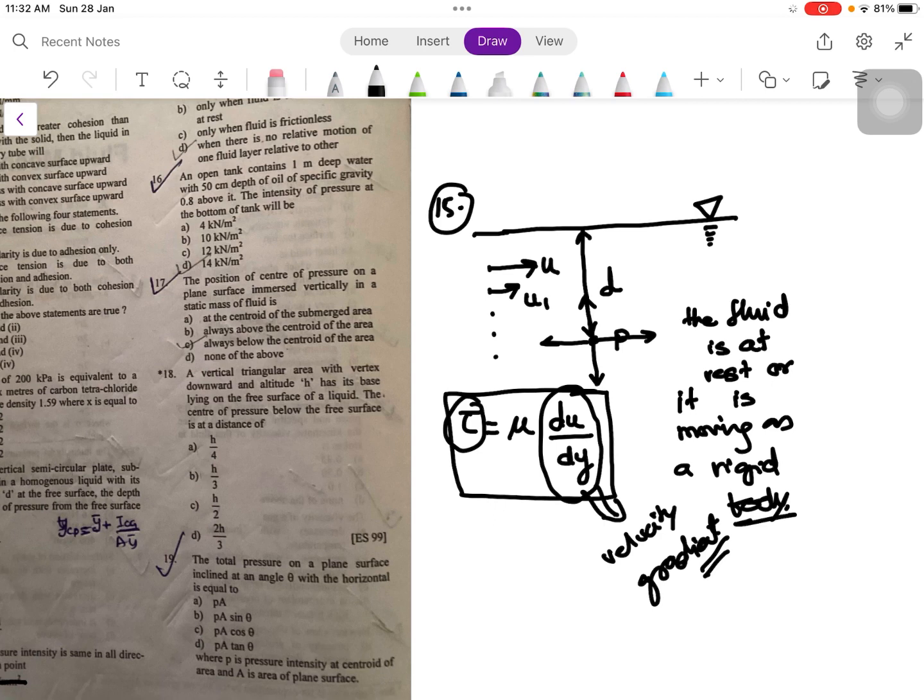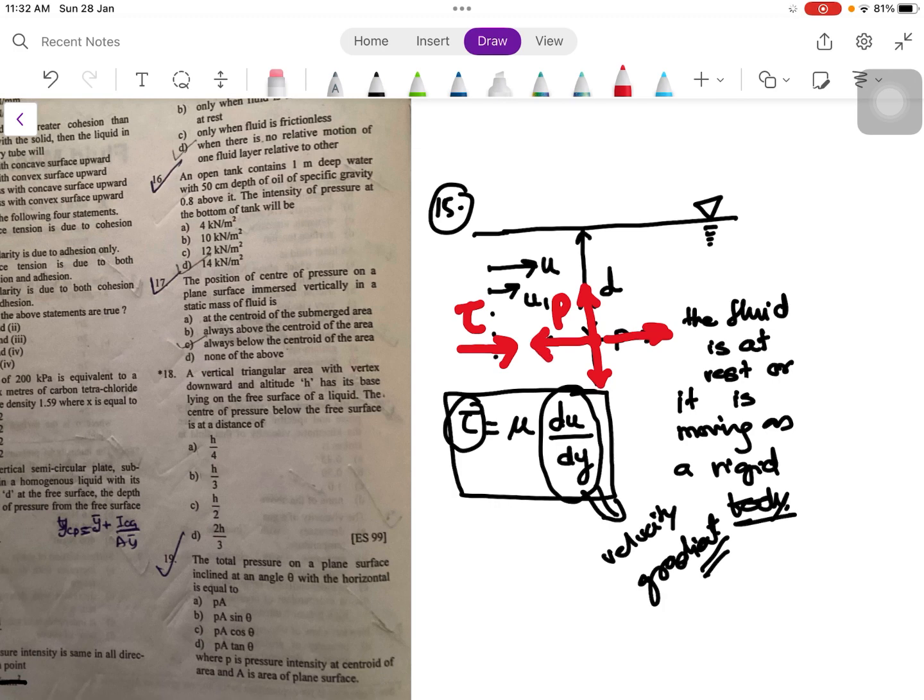So as a result, let us say at this point, the pressure is same in all directions in a scenario where the fluid is at rest. So as soon as there is a relative motion within the fluid, a shear stress will be created. And this shear stress will dampen this pressure in the opposite direction.